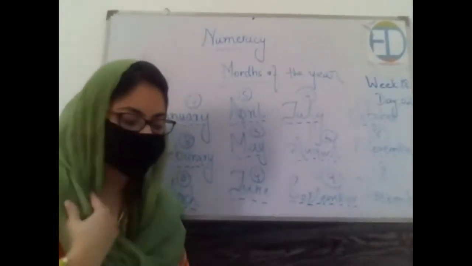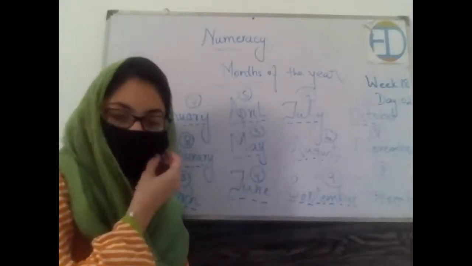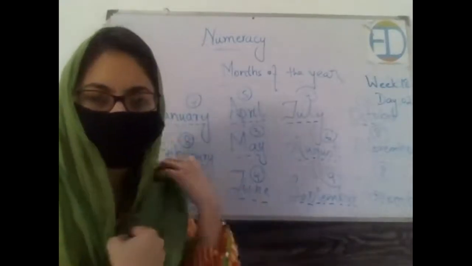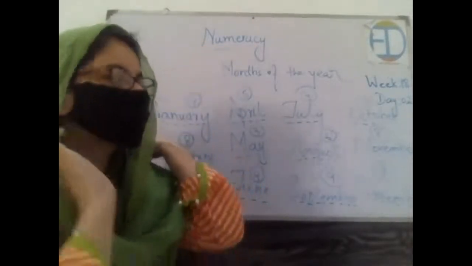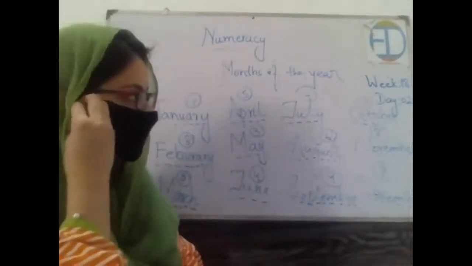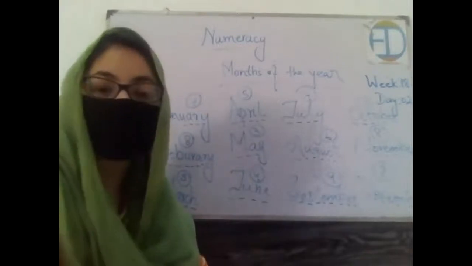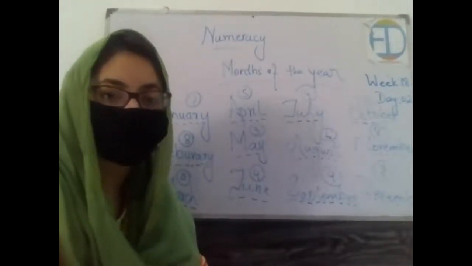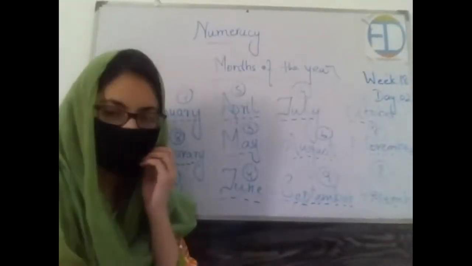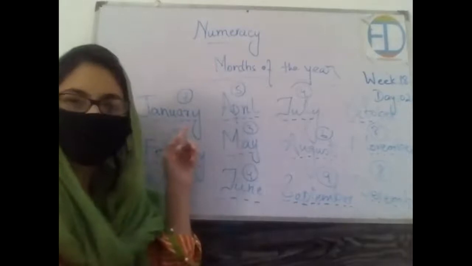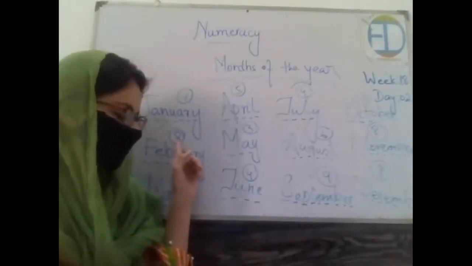At first it says write the names of the months which have 8 letters. Okay. So look at the board carefully and tell me how many names of months have 8 letters in them. So we will start from January. No, January does not have. February has 8.